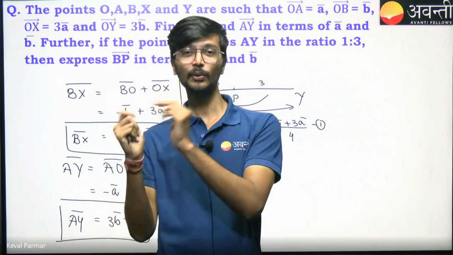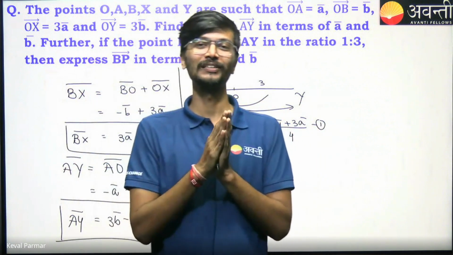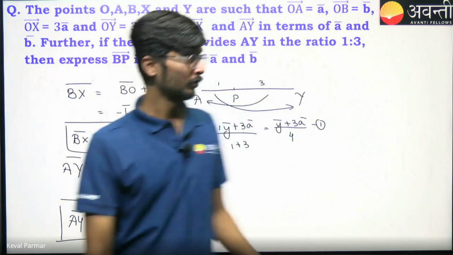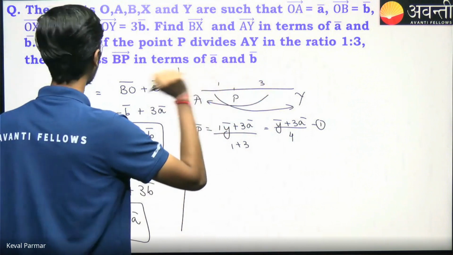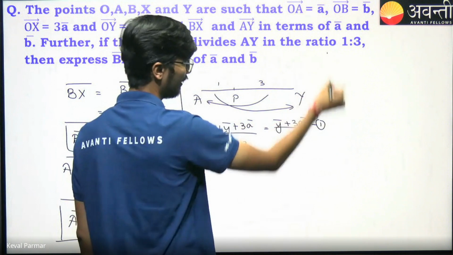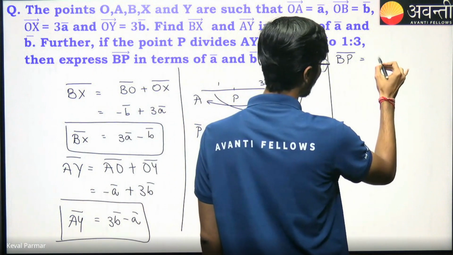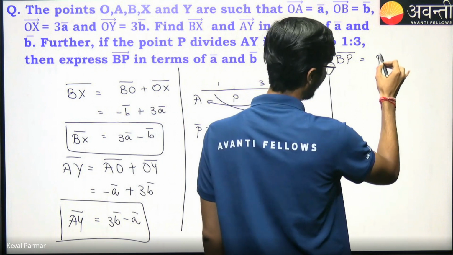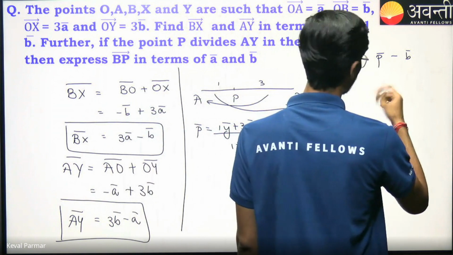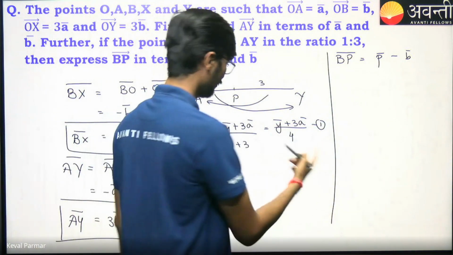Now let's read the question further. This is actually, I say, the secret of solving such questions which are very long, especially in vectors and coordinate geometry. What do we have to find? Express BP bar in terms of A bar and B bar. I can write BP bar as P bar minus B bar.